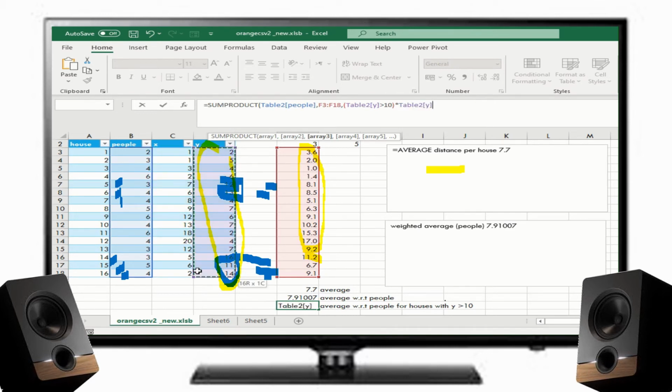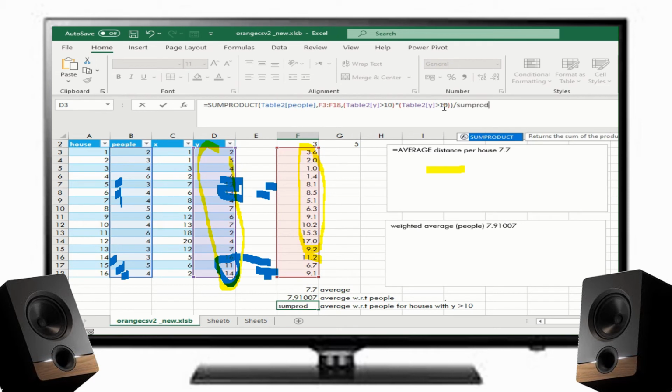SUMPRODUCT is very flexible. You can use it in what you might call magical ways. It can fit your needs very easily. You just have to remember that you have to do calculation between numeric values, and this explains why sometimes we have to do some restriction.